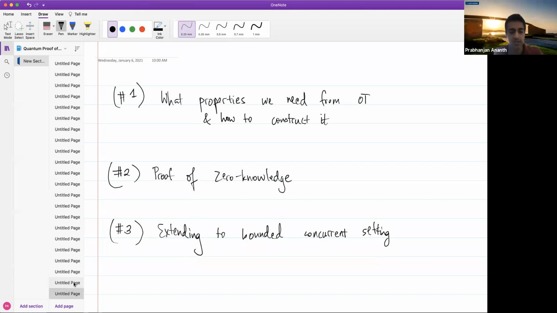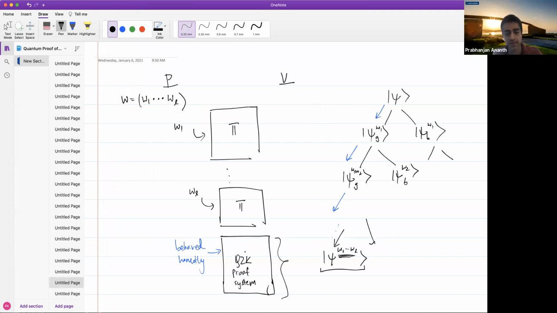In terms of construction, it's the same construction, except that we're going to use bounded concurrent QZK here. I spoke about bounded concurrent QZK in one of the previous reading group meetings, so I'm not going to tell how to construct this.